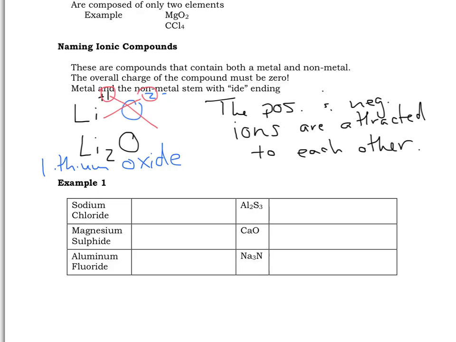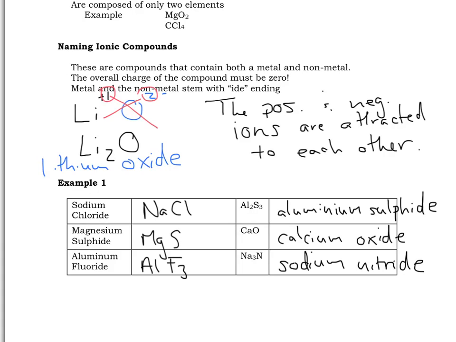Pause the video, try them, and then come back and we'll look at the solutions. So the solutions are here now. So sodium chloride's NaCl, magnesium sulfide is MgS. Keep in mind that when you do the crisscrossing, you're going to have Mg2S2, but we're going to reduce that to give us the correct answer, which is the MgS.